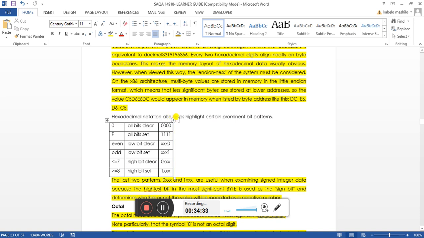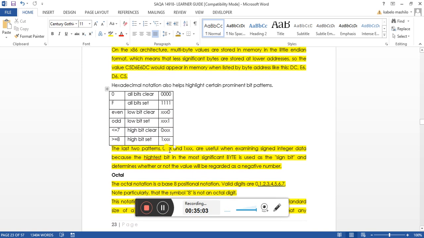Hexadecimal notation also helps highlight certain prominent bit patterns. So we've got 0, all bits are clear, and then we've got F, all bits set, and we've got even, low bit set, which is how this is written. And when it's odd, this is how it's written at the end. We've got a 1, and when it's a higher bit here, it's like that. And when a high bit is set, it's like that.